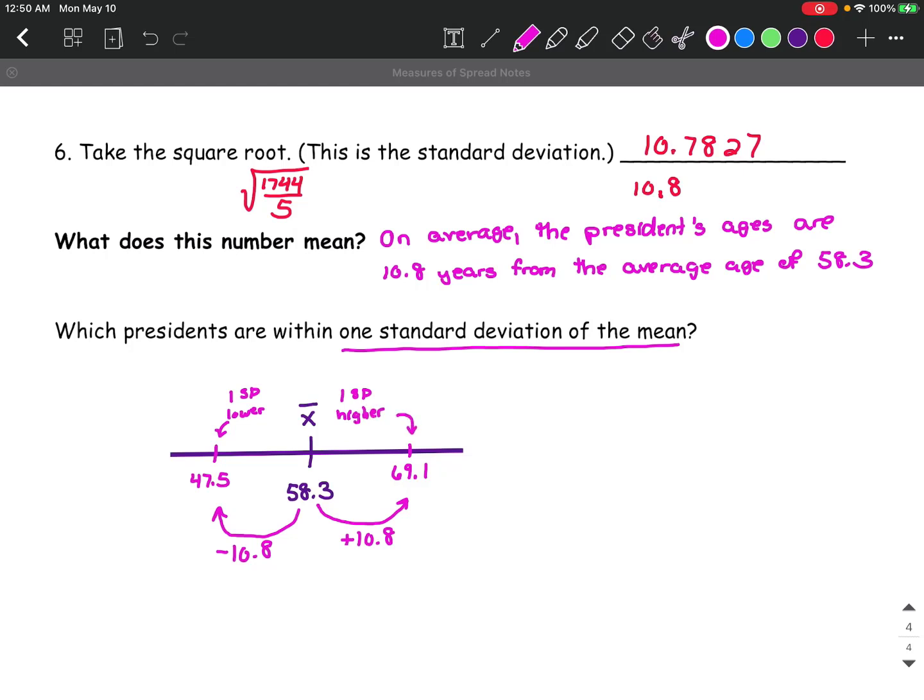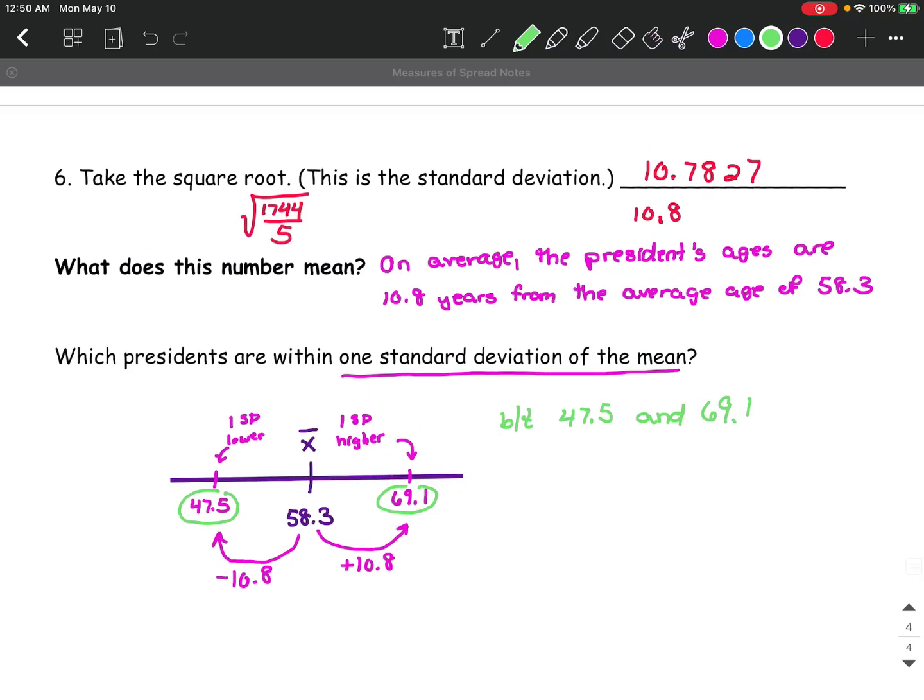So all we did is we took the mean, we added the standard deviation, and we subtracted the standard deviation. Now what we want to do is find all of the presidents whose ages are between 47.5 and 69.1.